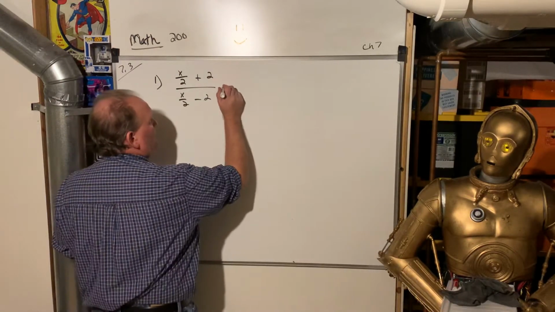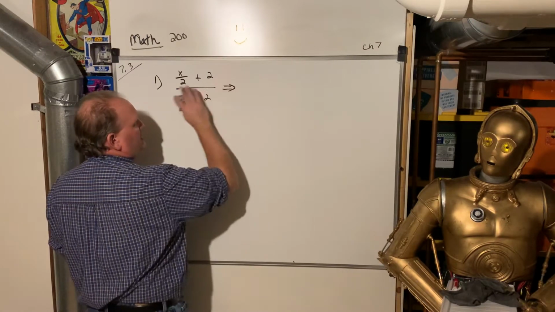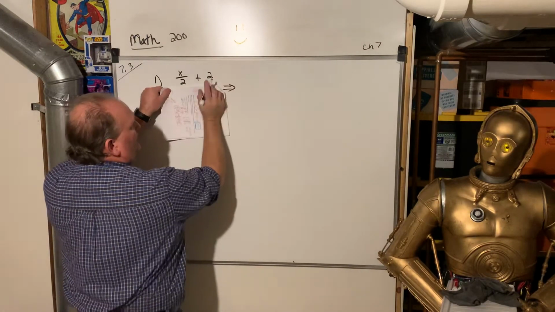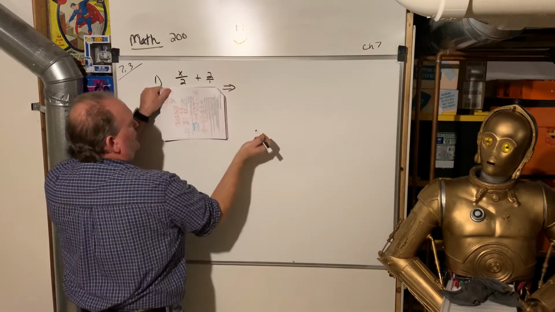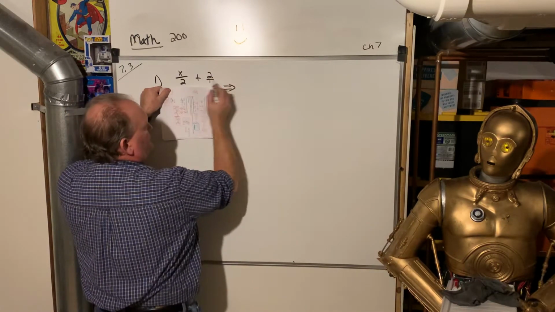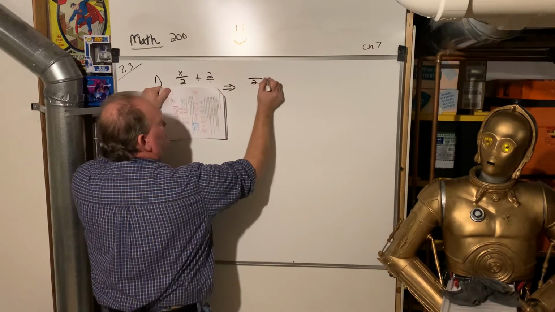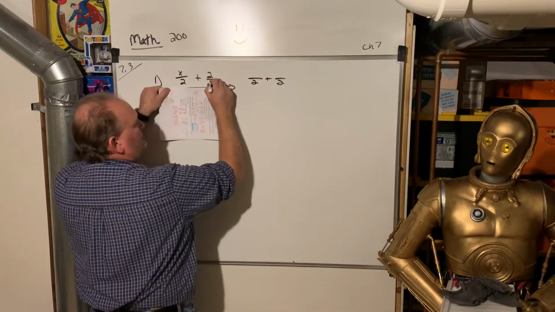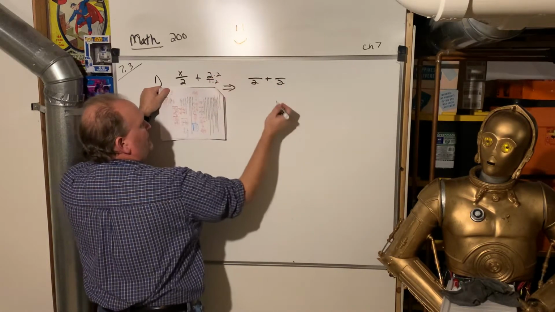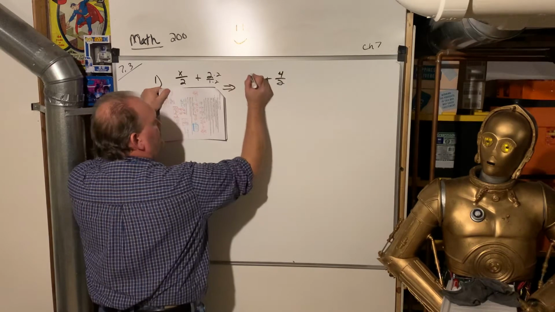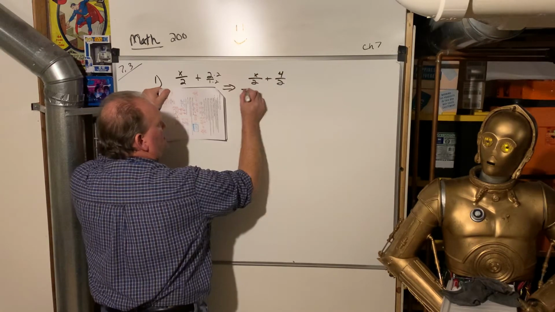But this way, what they want you to do is pretend like this is its own problem, just the numerator, and you find the common denominator between 2 and 1, that's 2. So we want the 2's on the bottom, so we multiply this one, both top and bottom, by 2, and 4 halves, that stays x over 2.